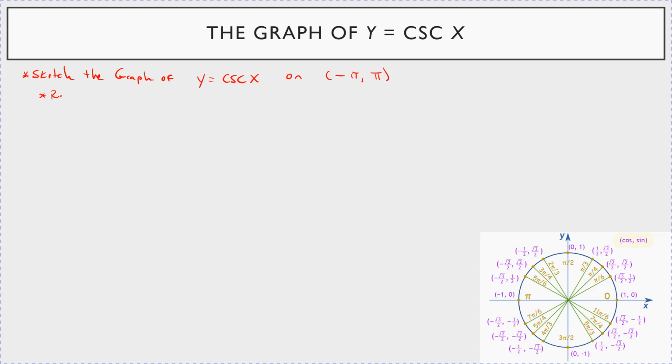Always recall that cosecant of x is equal to 1 divided by sine of x. So when you want to sketch y is equal to cosecant of x, first sketch y is equal to sine of x.